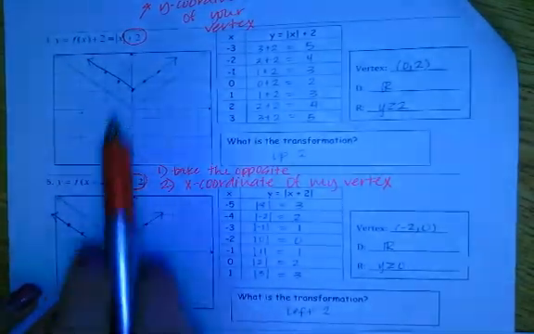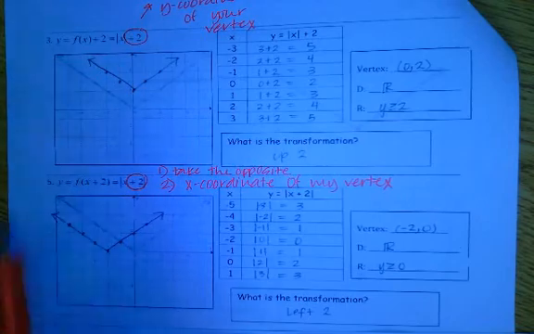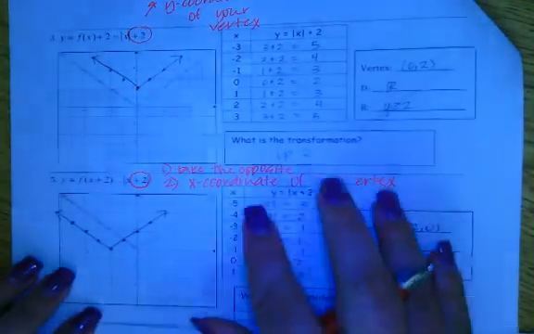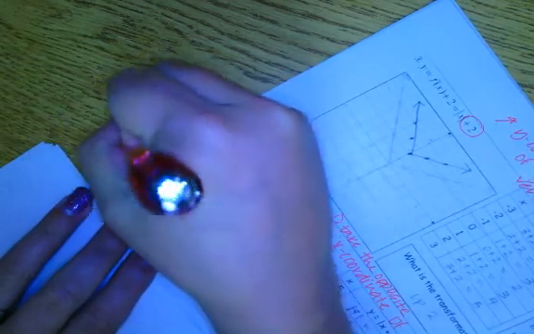What I circled for 3 and 4, these two things are the only things that affect your vertex.